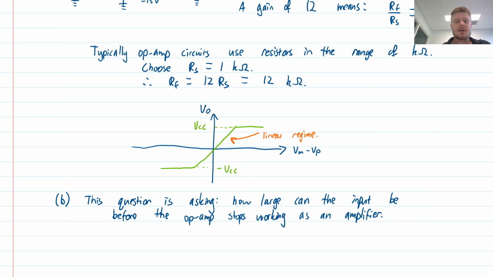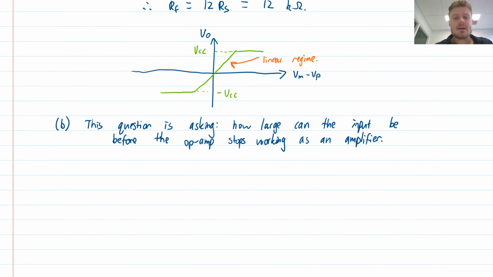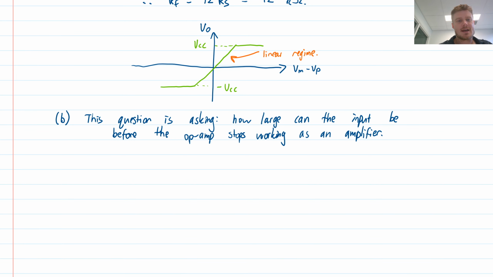If we go into the saturated regime, say up here, you might increase the input voltage, but the output voltage will not increase. We kind of clipped off the signal. So we usually don't want that. So we want to ask how large can this input be?